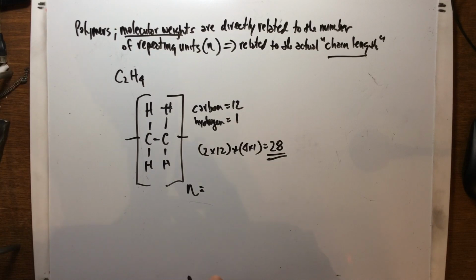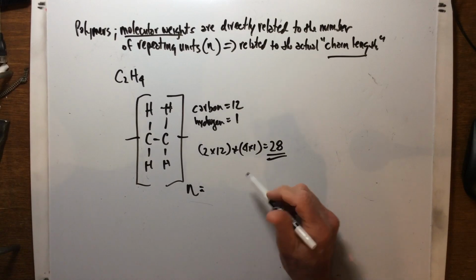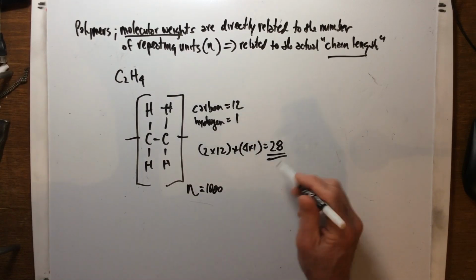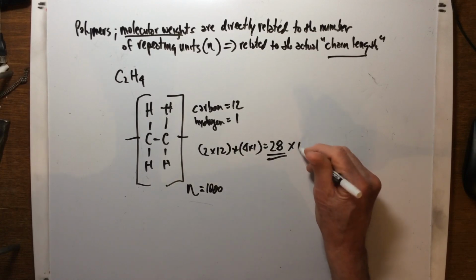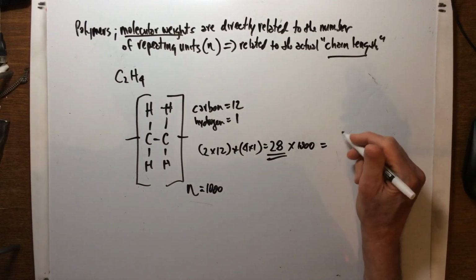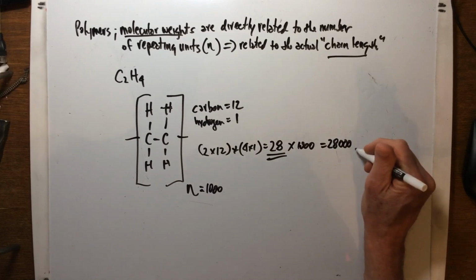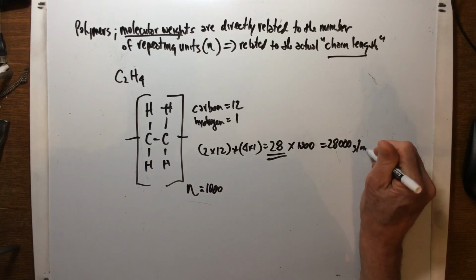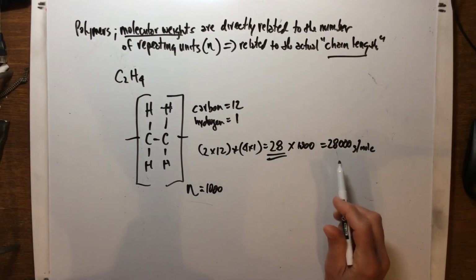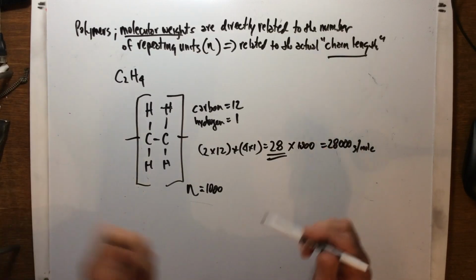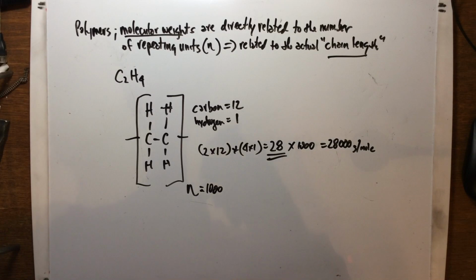All right, so therefore, if you connect 1,000 of these, then it would be roughly times 1,000. Then you're kind of roughly about 28,000 grams per mole, as far as the units go, and that would be the molecular weight. Generally speaking, I mean, it's fairly straightforward.